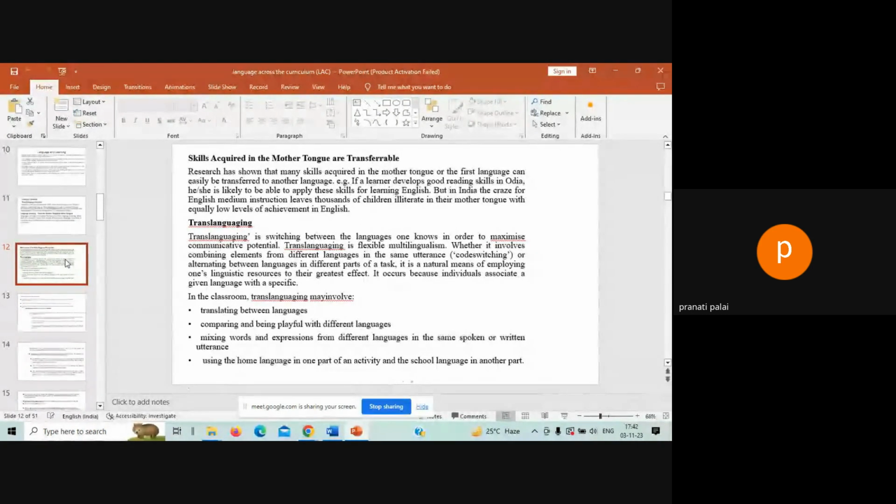We can say that whenever we were studying in our high school or in our secondary level, what was the mode of instruction, or in which method were we taught the foreign language?